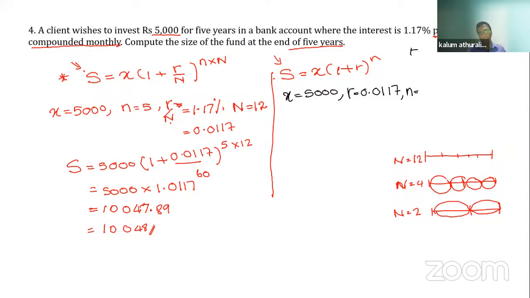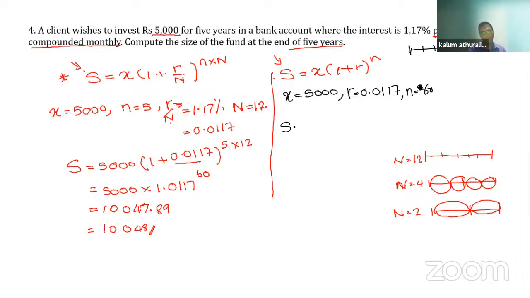The whole period is 5 years. Within the period, how many times compounded? Every year 12 times, so for 5 years it should be 60. Every year 12 times into 5.